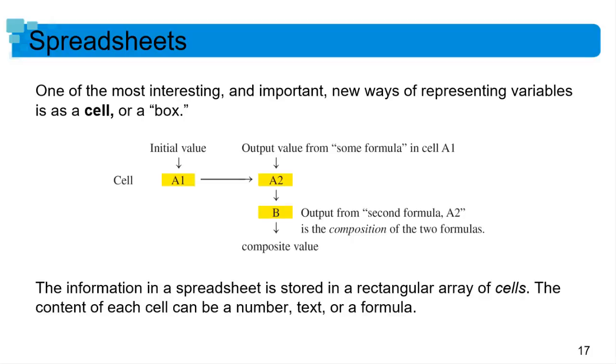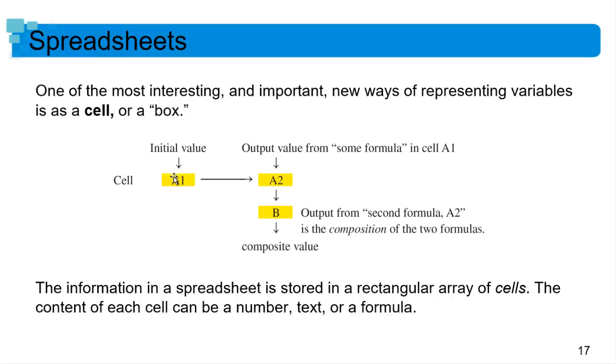One of the most important ways of representing variables is as a cell, right? So you think about your new variable as being some sort of manipulation of another cell. So you can think of that cell as a variable.